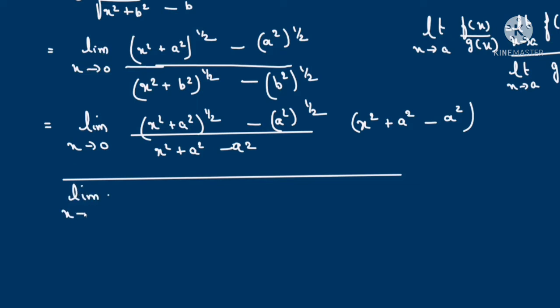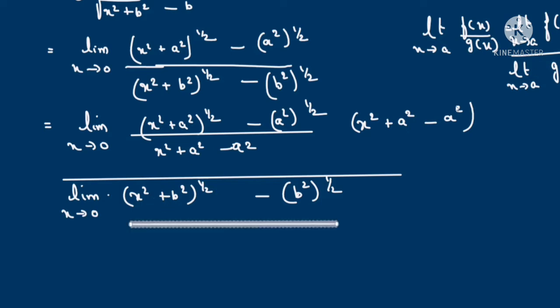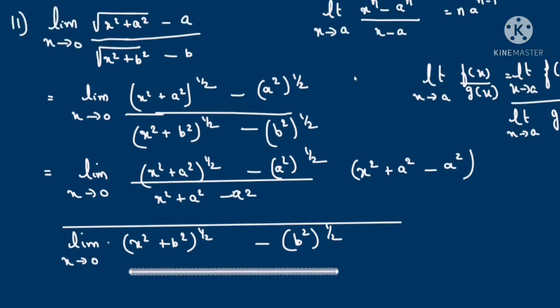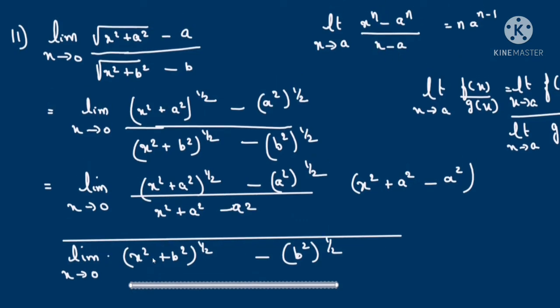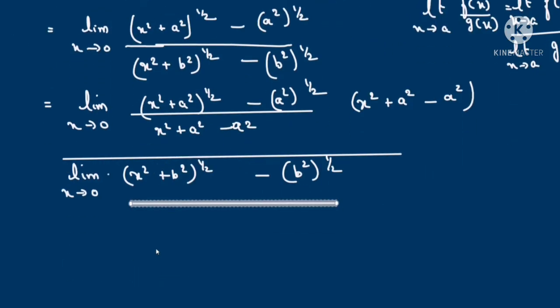So limit x tends to 0, x square plus b square the whole power half minus b square the whole power half divided by, same term should be there, that means this term x square plus b square minus b square should be there in the denominator.